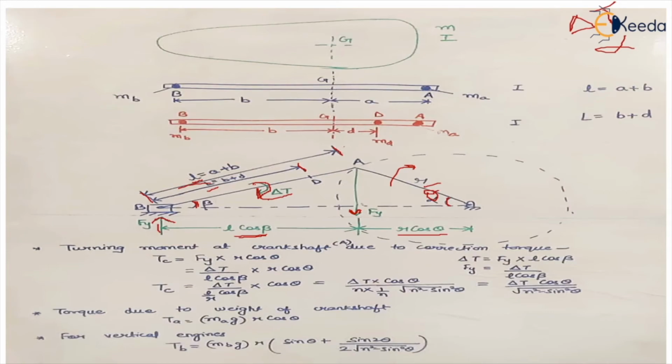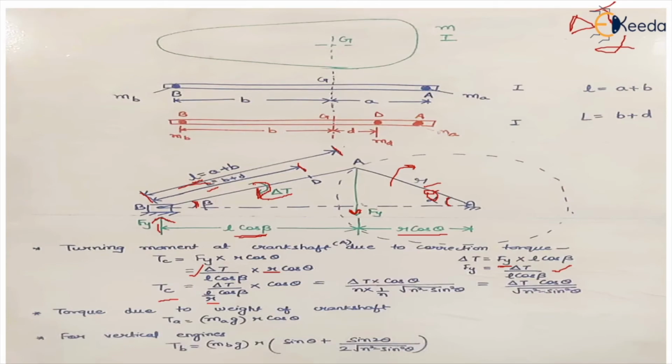So from this equation we can replace Fy by delta T upon L cos beta. So Fy is delta T upon L cos beta, into r cos theta, where theta is the angle which the crank makes with the line of stroke. So the turning moment at the crankshaft becomes delta T upon, and from here we can take r, so L upon r cos beta.